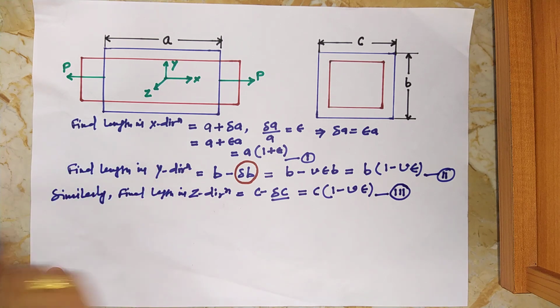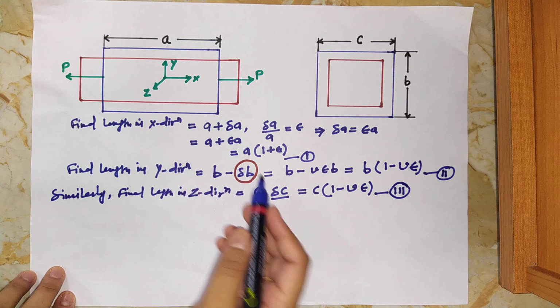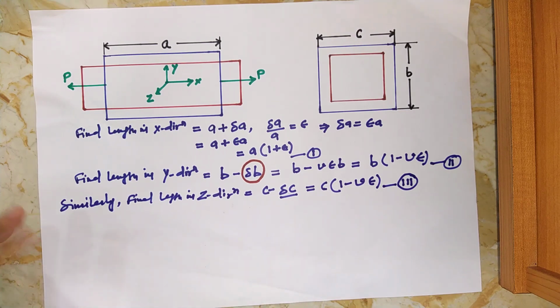Now since we have the final length in all three dimensions, that is the x direction, y direction and z direction, we can calculate the final volume, because the volume of a cuboid is the product of the lengths of the sides.